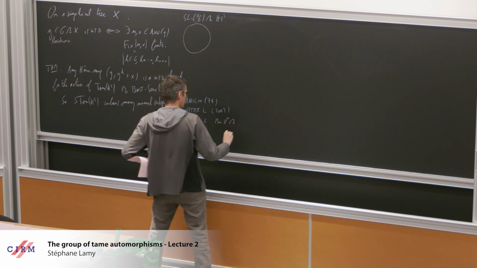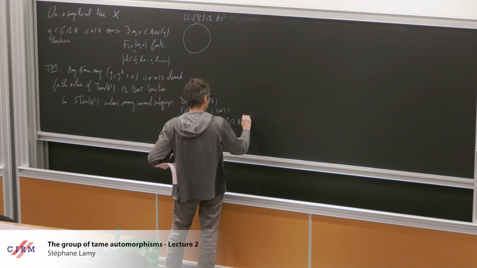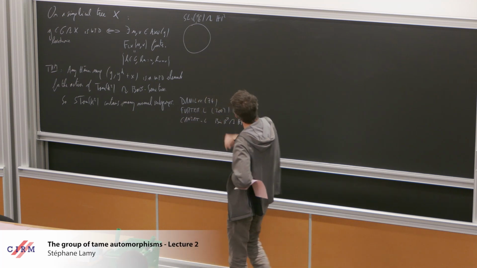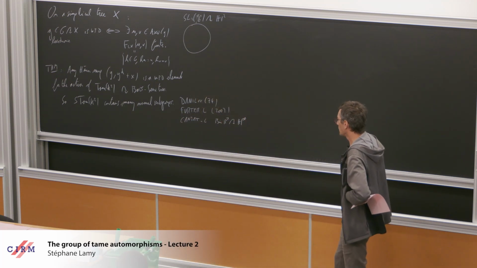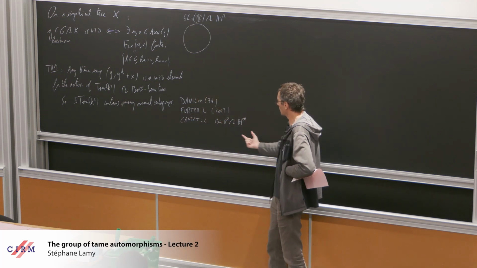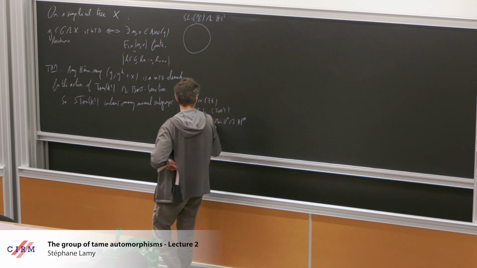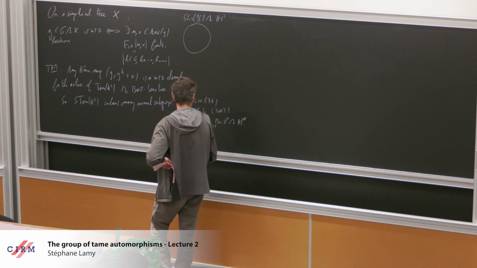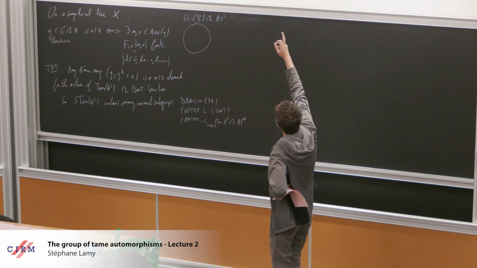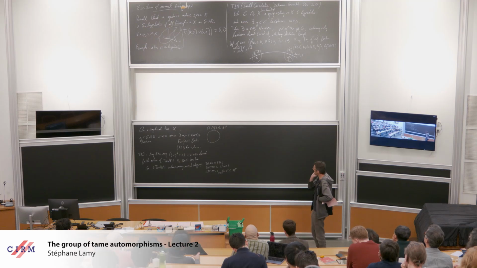Here it's not a tree anymore, it's an infinite dimensional version of H2. But we use the same statement. This was published in 2013, and the black box was still not really available at the time.